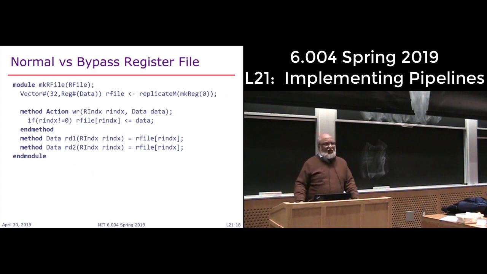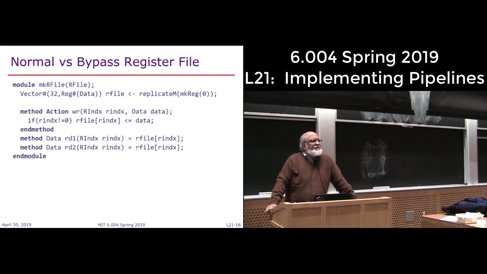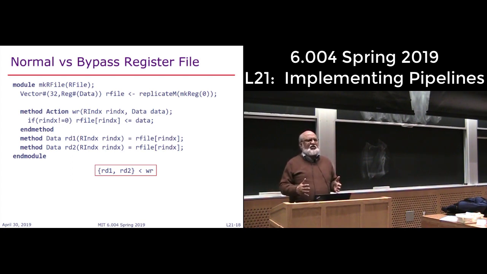Wonderful. I want to talk about one more thing. All right, register files. So we have a register file. What is its property? The property is simply that, just like a register, when you read something from the register file, you see the old values.